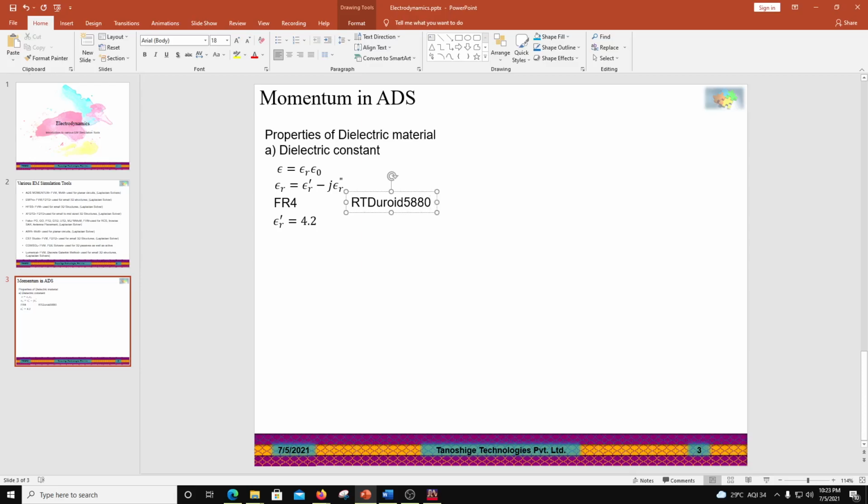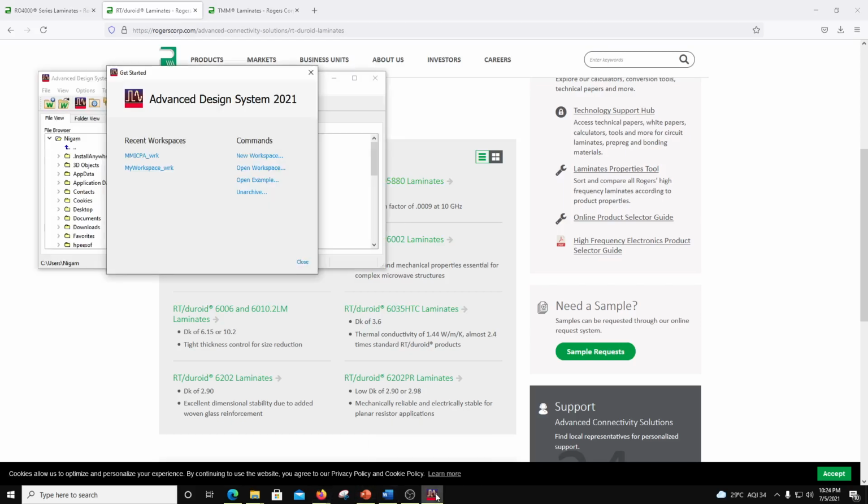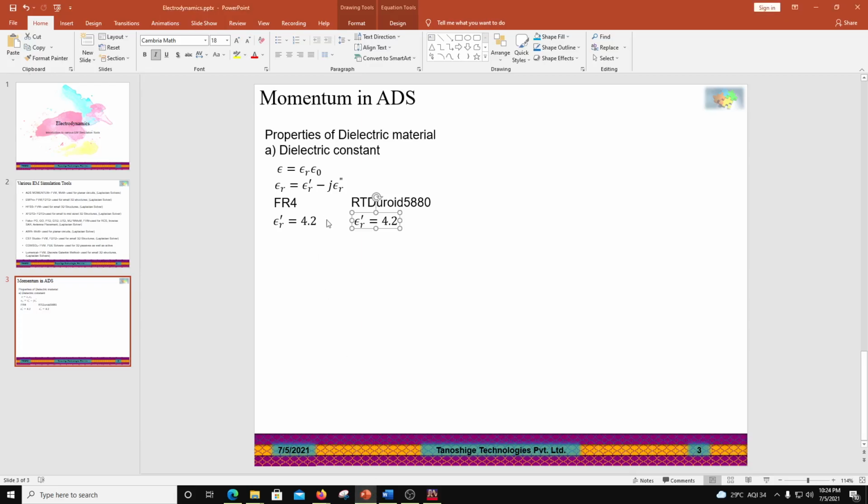In this case epsilon r dash is 2 point something. You can go to the Rogers data sheet to see it: RT Duroid 5880 has a dielectric constant of 2.2.